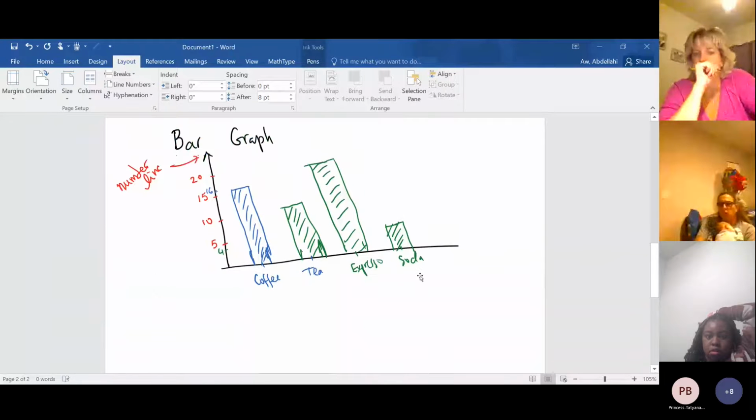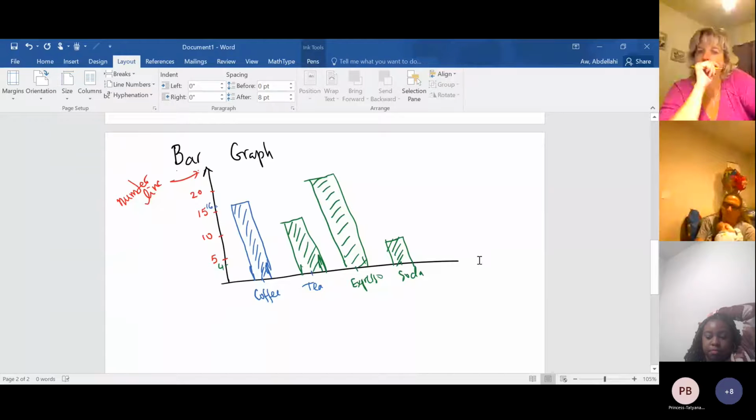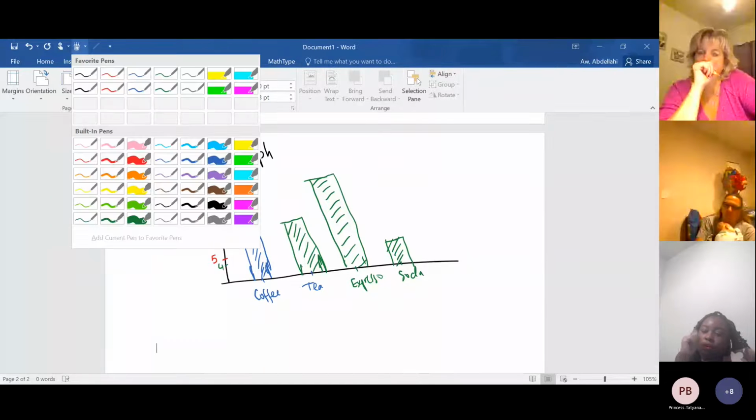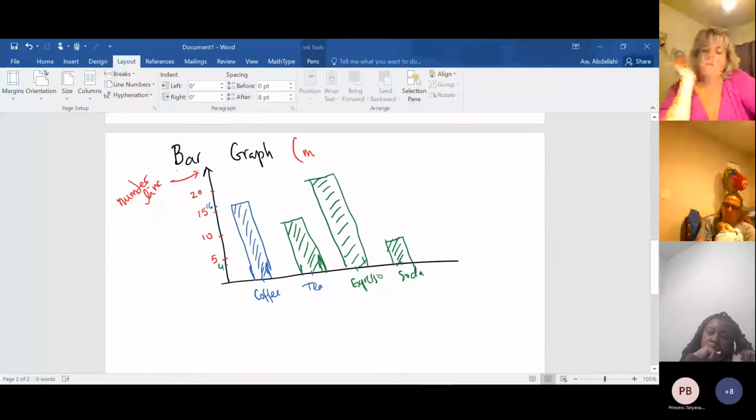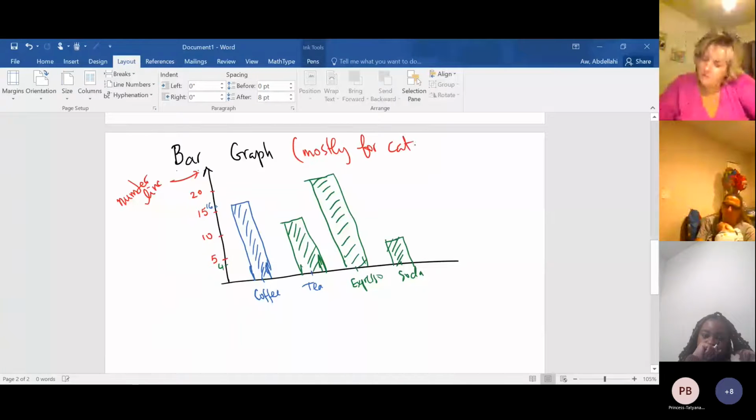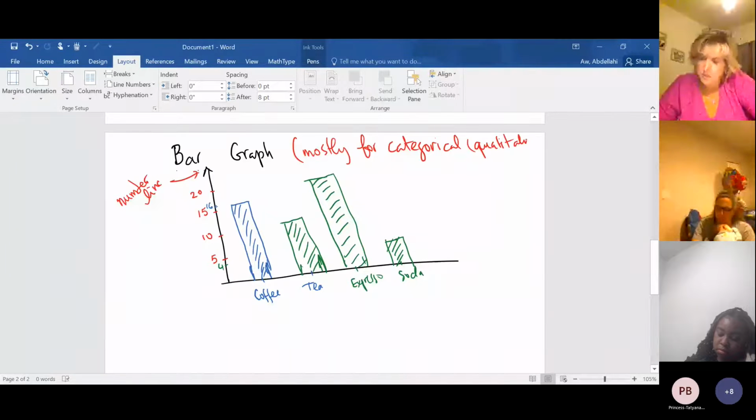So this is a bar graph. Again, the horizontal axis represents the data, and the bar graph is mostly for categorical data, which is qualitative data.